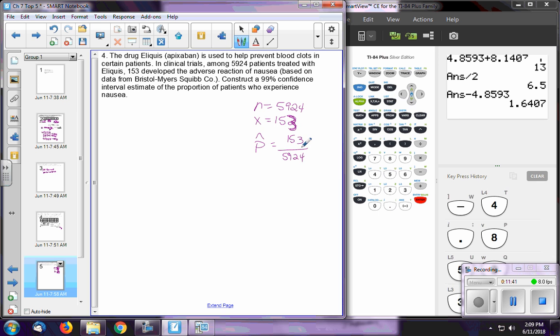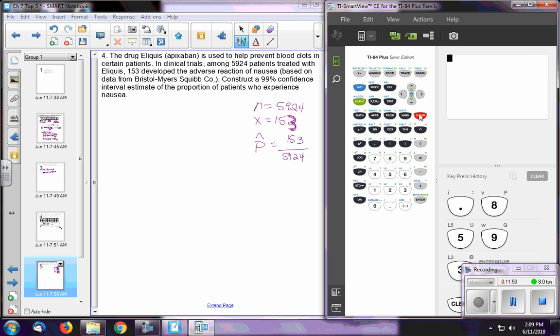Now, this part's not necessary for plugging into the calculator, but it could be useful just for our own comprehension and understanding. So take a moment and find out approximately what that would be. And the calculator will give you this information as well if you follow through in that way. So it's about 2.6% roughly of patients develop nausea as an adverse effect.